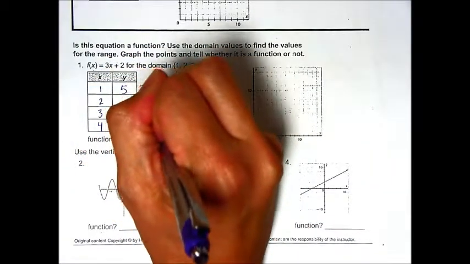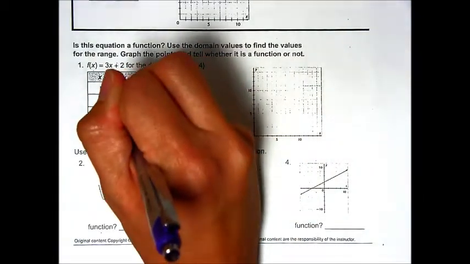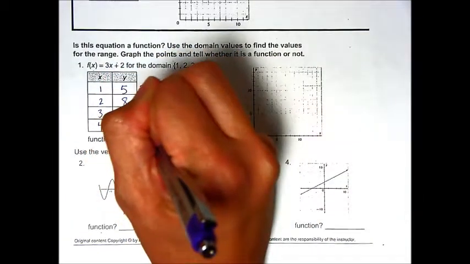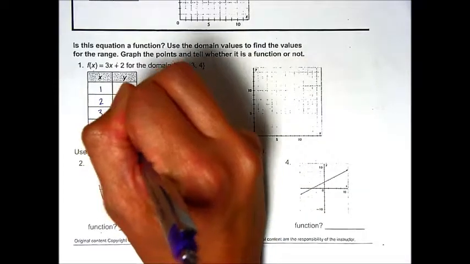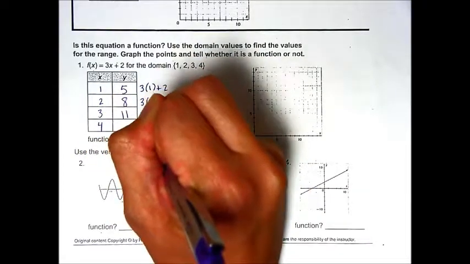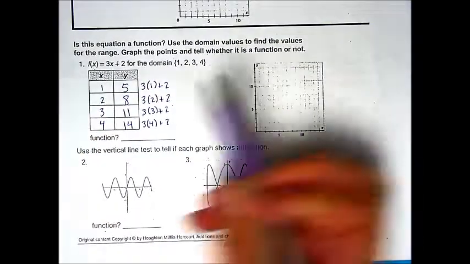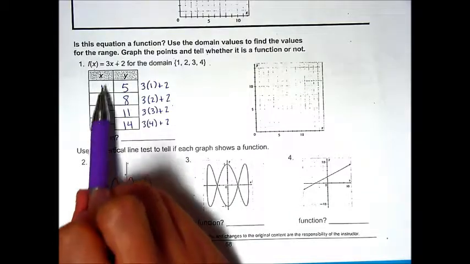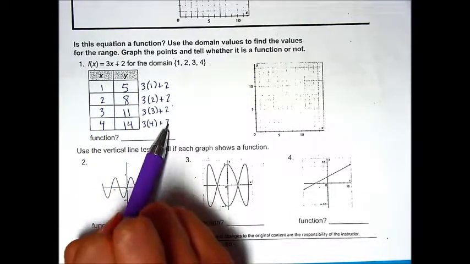I'm going to do 3 times 2 plus 2, which is going to give me 8. 3 times 3 plus 2 would give me 11, and 3 times 4 plus 2 would give me 14. So all we're doing is substituting these numbers in for x and working out the problem.